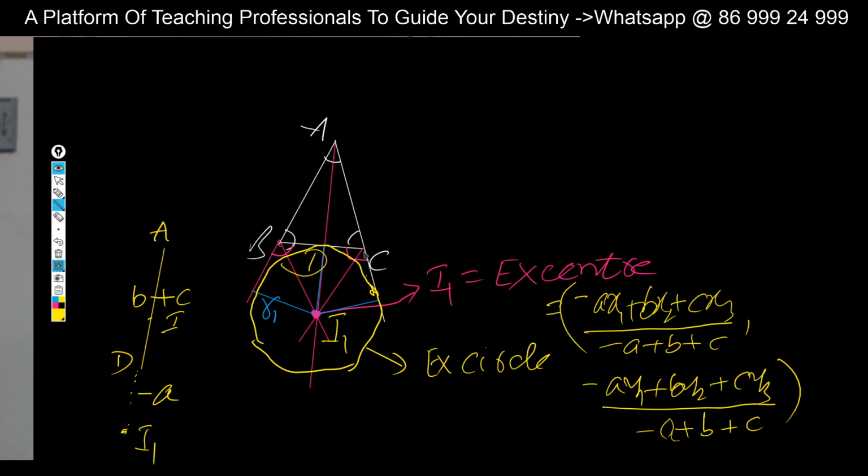This side extended like this, and similarly here also this side extended. Then how many such circles will you have? Three such circles. One circle touching all three sides. Another circle.